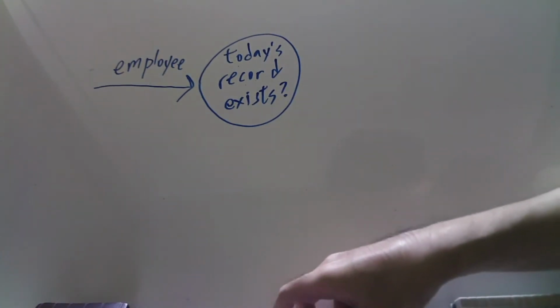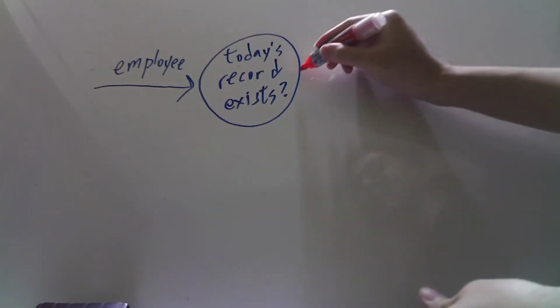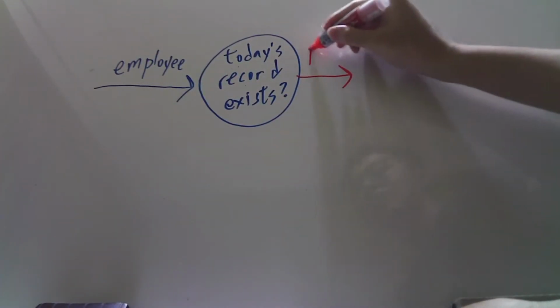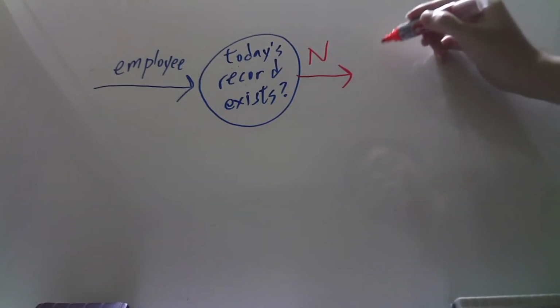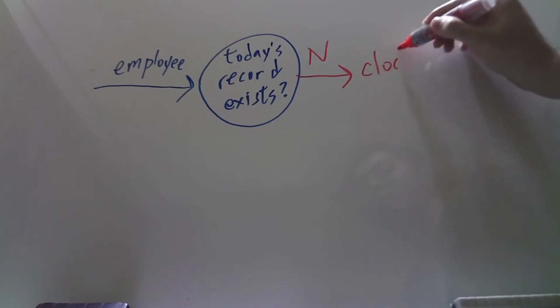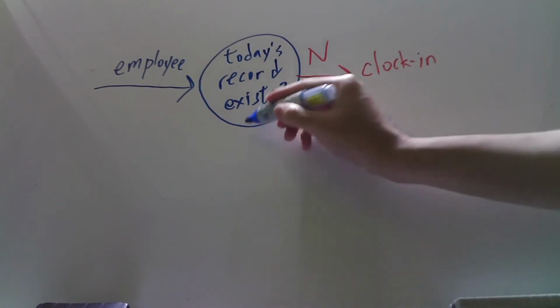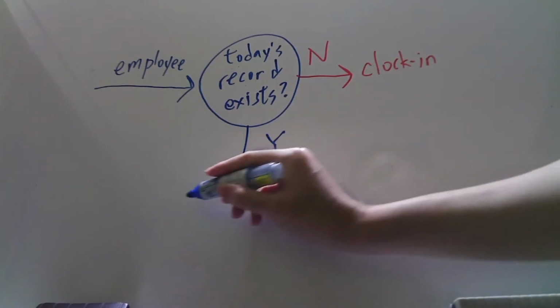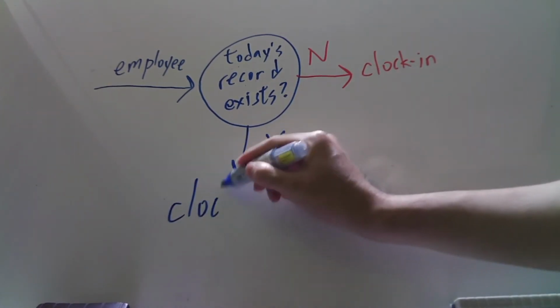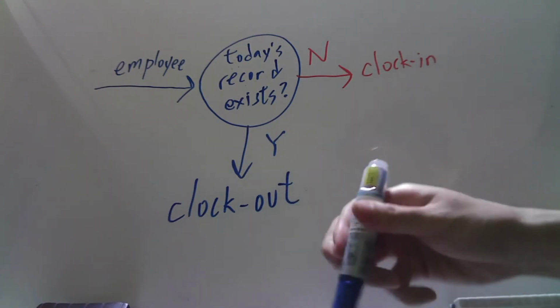If today's record for this employee does not exist, let's make it no, then it will be a clock in. If it does exist, then it will simply be the clock out. So this is my logic here.